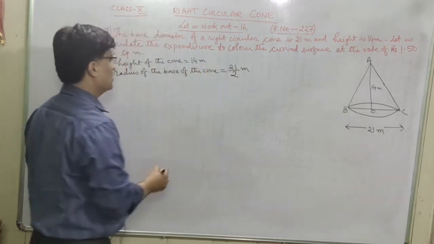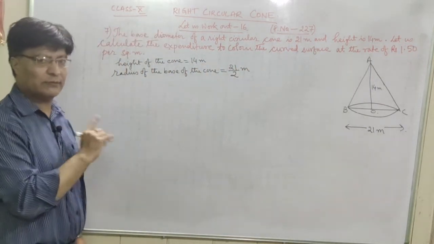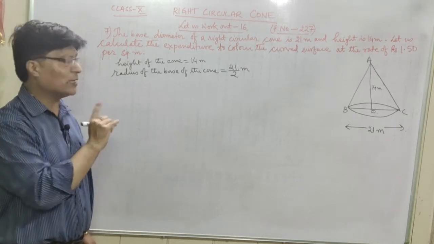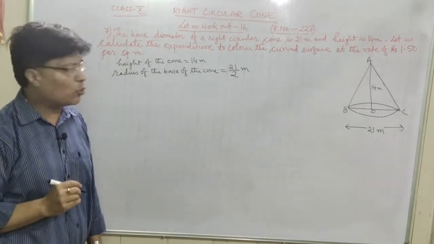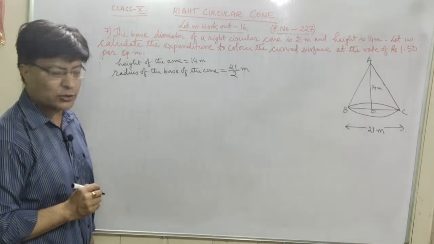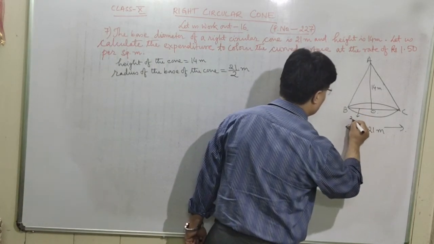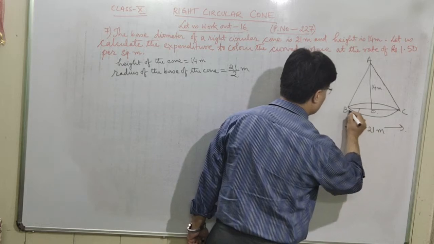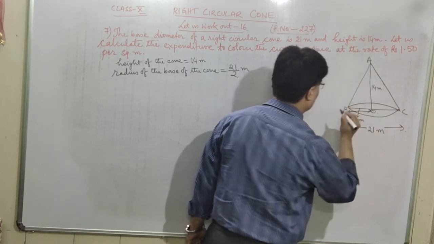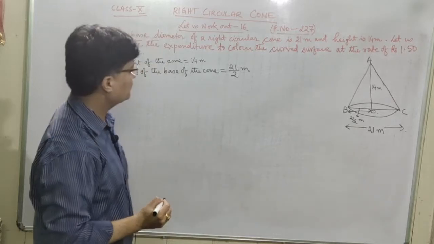That is 21 by 2 meter is the radius of the base of the cone. So I think you have understood it. So this OB or BO is 21 by 2 meter.